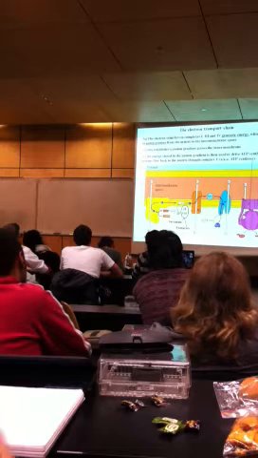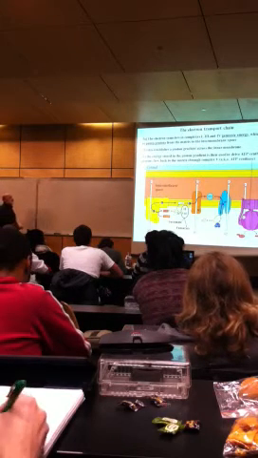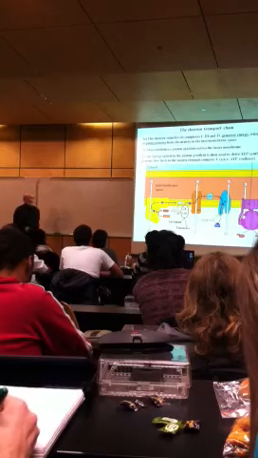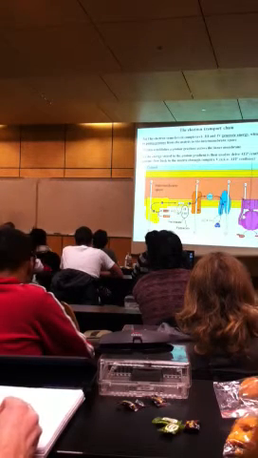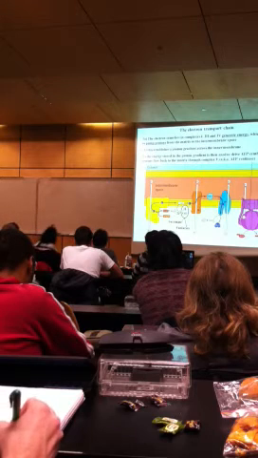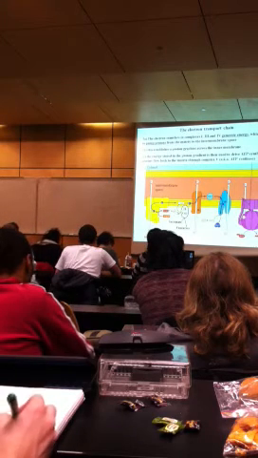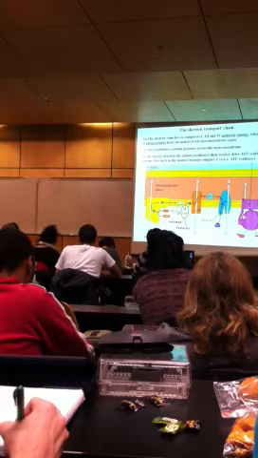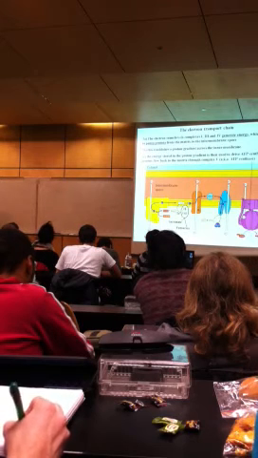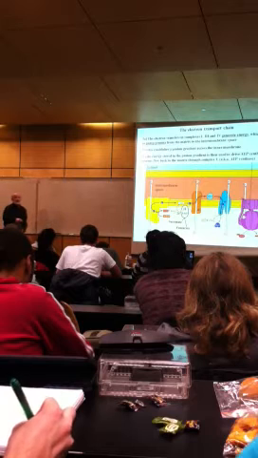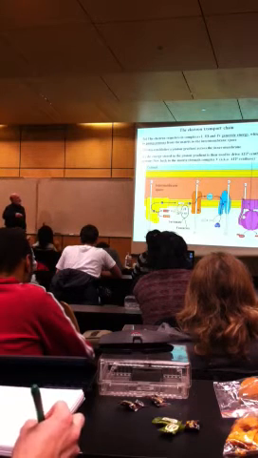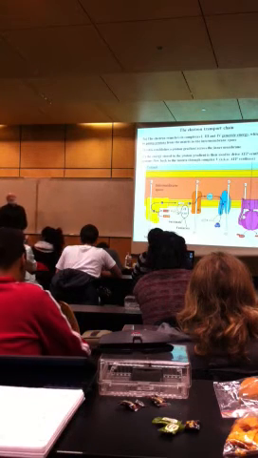Now, when these protons have been moved by complexes 1, 3, and 4, a gradient of protons is established. This gradient is called an electrochemical gradient, right? It's definitely an electrical potential, because there is a difference in the concentration of positively charged ions, protons, between the intermembrane space and the matrix.